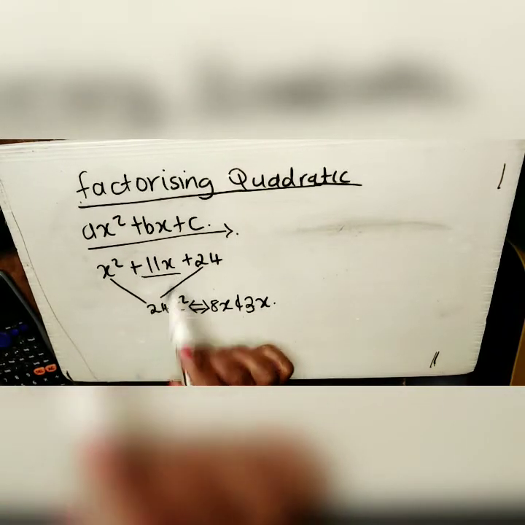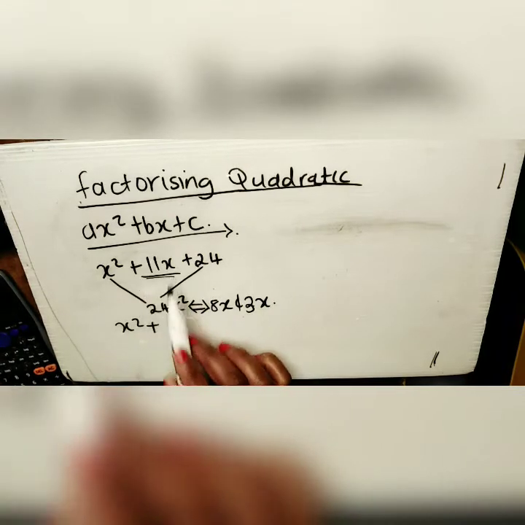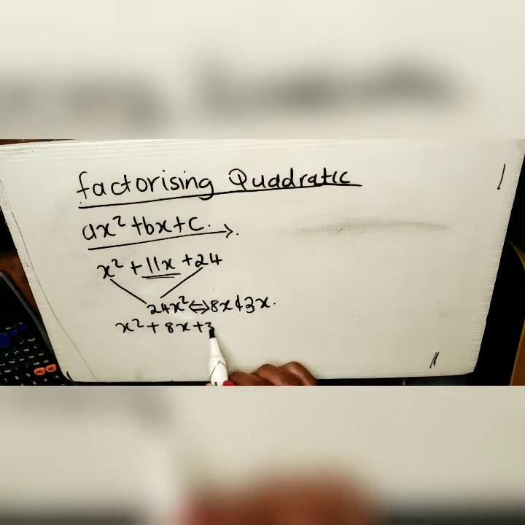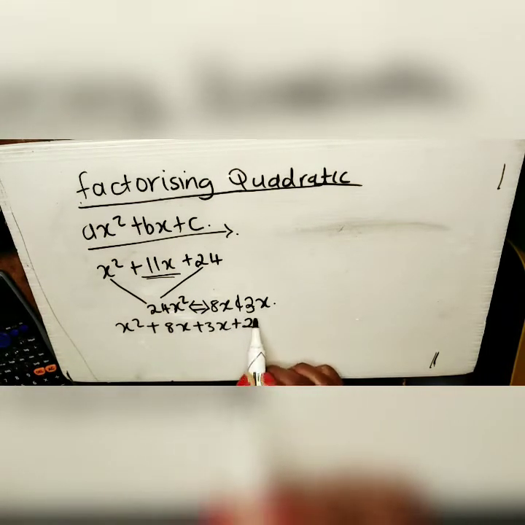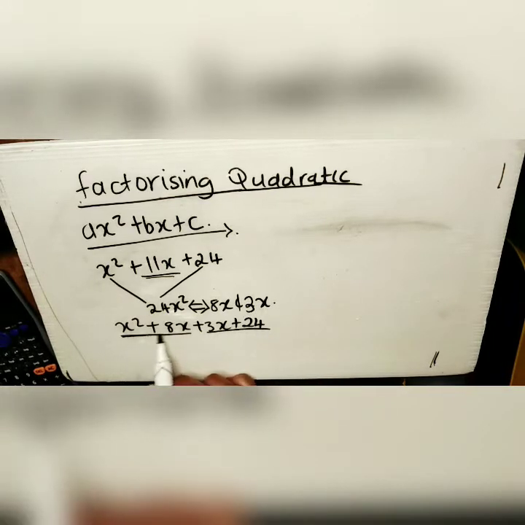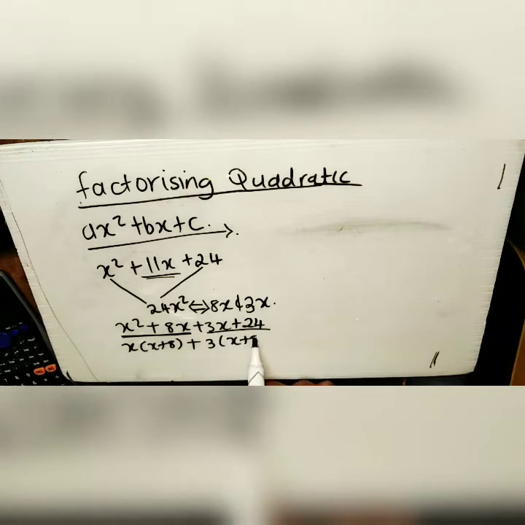So in place of 11x, you then write x squared plus 8x plus 3x plus 24. And then you factorize by grouping. On this one, what's common is the x. We remain with the x plus 8. What's common this side is a 3. We also remain with the x plus 8.